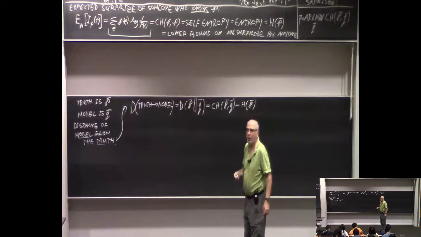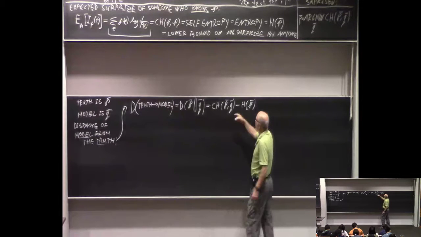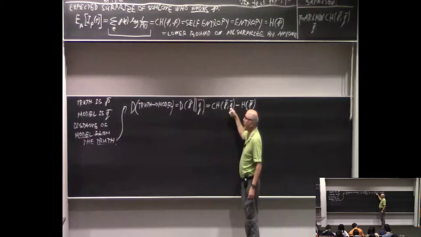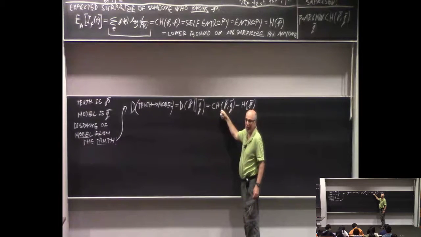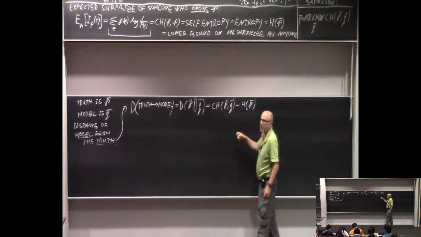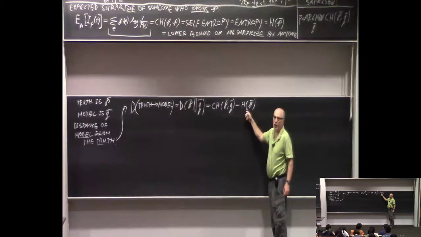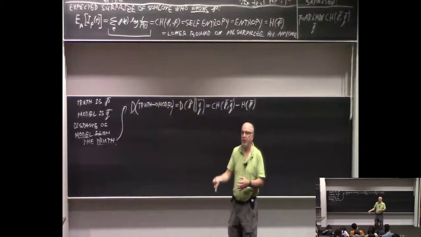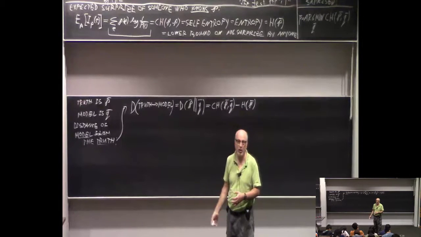To remind you, this is the average uncertainty, expected uncertainty of modeler Q when they observe events from P. And this is the irreducible uncertainty of P. The best that anybody can do if they knew P. The difference between them is the degree to which the model is imperfect. It measures the imperfection of the model.